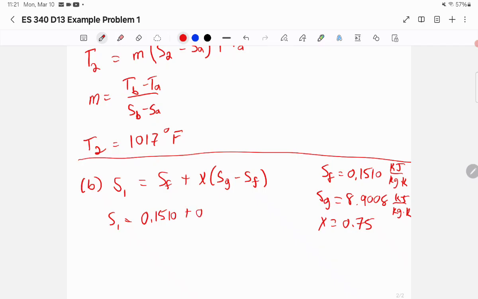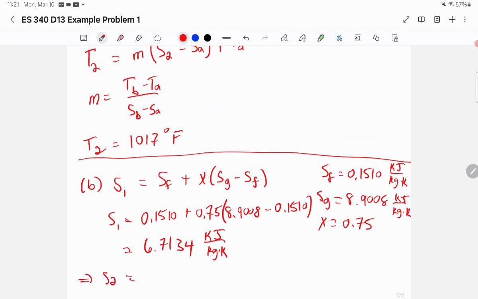So substituting those in, we get 0.1510 plus 0.75 times 8.9008 minus 0.1510. I'm not going to write the units, but the units will come out correctly, obviously, as long as I'm using the correct values here. And what I end up getting is 6.7134 kilojoules per kilogram Kelvin, which means that S2 must be equal to 6.7134 kilojoules per kilogram Kelvin.